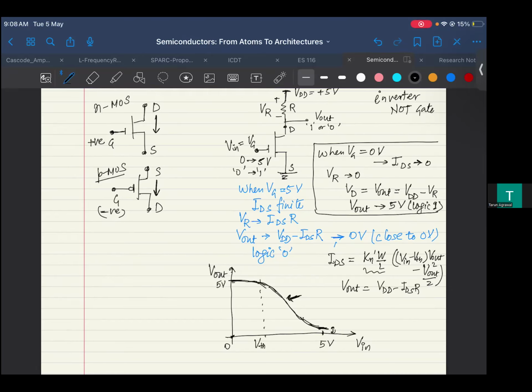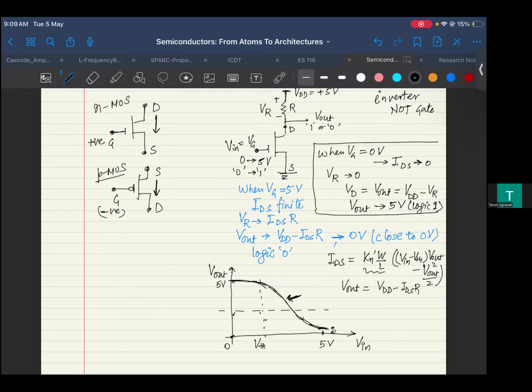So now one can see that if, let's talk about VTH itself, right? If VTH was very small, then we would be able to see that when this is logic 1, right? When we are saying this is logic 1 and when we are saying this is logic 0, right? Logic 1 is quite clear. So let's divide this into two parts, right?